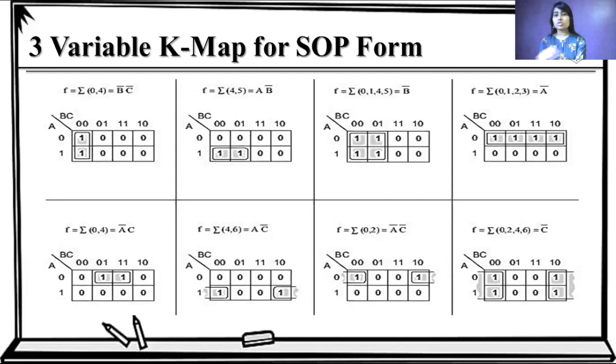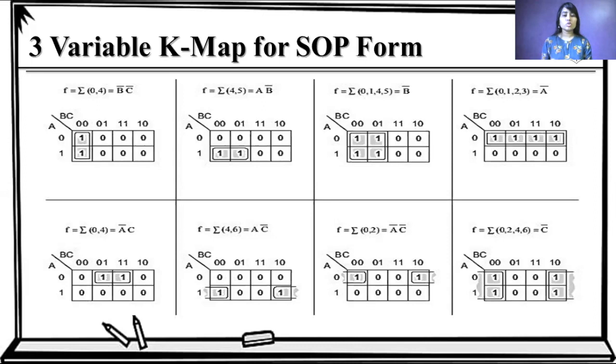Then we can also make a group of 4 like this. As a fourth example, summation of 0, 1, 2, 3: we have one common term a dash. Then we can make a group of 2 like this, so we have the answer a dash c, and we can also make a group of edges like this, so we have common terms a dash and c dash.